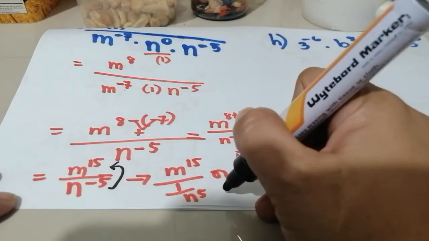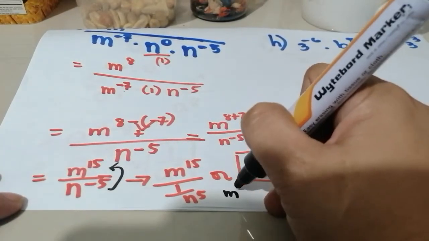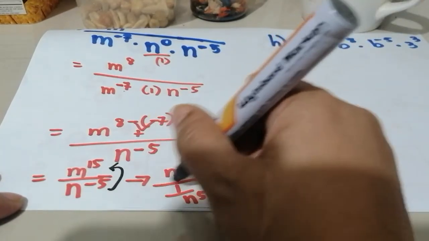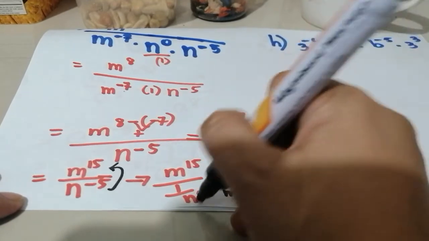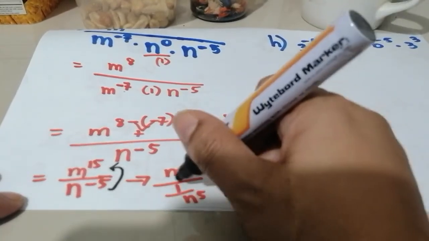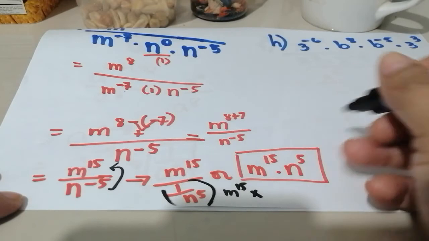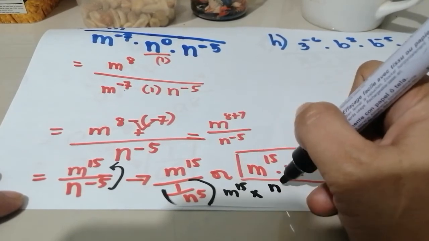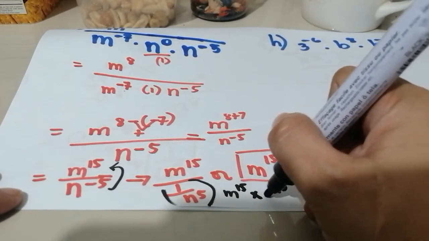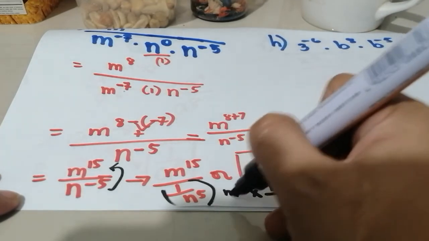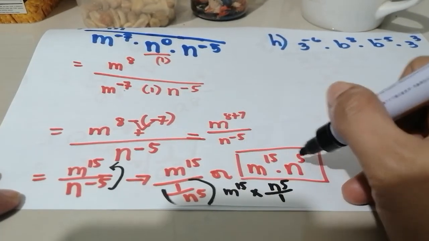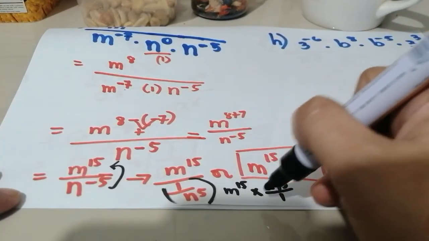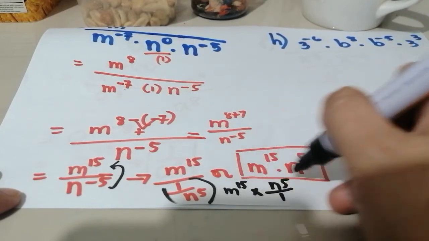So, ang mangyayari, magiging m to the 15th, yung division mo magiging times, tapos, you need to get the reciprocal of this one, so the reciprocal of that one will be n raised to the 5th power over 1. So, multiplying that will get this, m raised to the 15th power times n raised to the 5th power over 1.